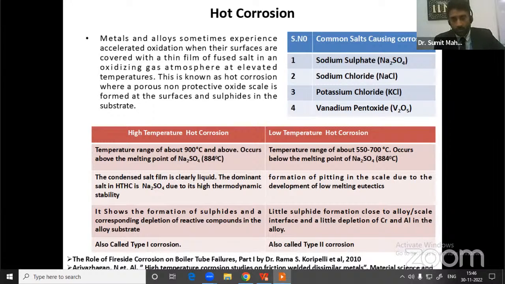When hot corrosion occurs below 884 degrees centigrade, or you can say below 700 degrees centigrade, it is called low temperature corrosion. We need to make our material hot corrosion resistant, because failures in power plant materials are due to this hot corrosion. This is a very basic and common phenomenon which allows materials to fail easily at high temperature.